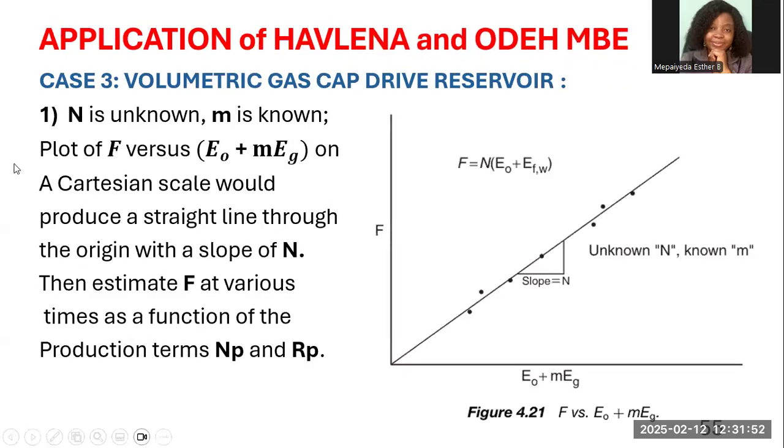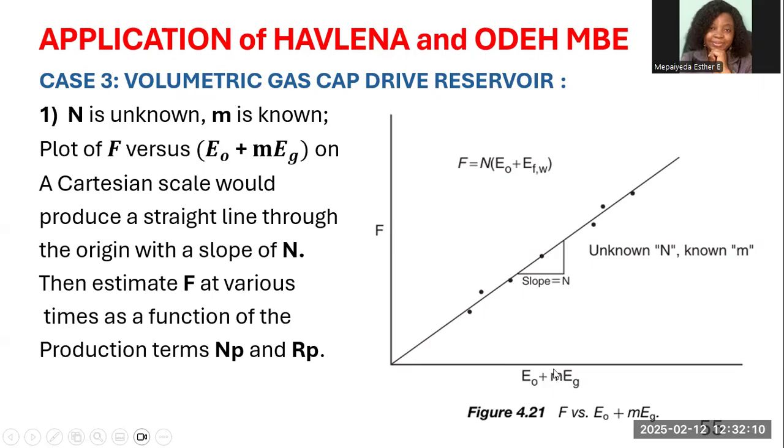So you have your derivation from Havlena and Odeh. If you plot it, it goes through the origin. The slope estimates your N. So you plot F against EO plus MEG.